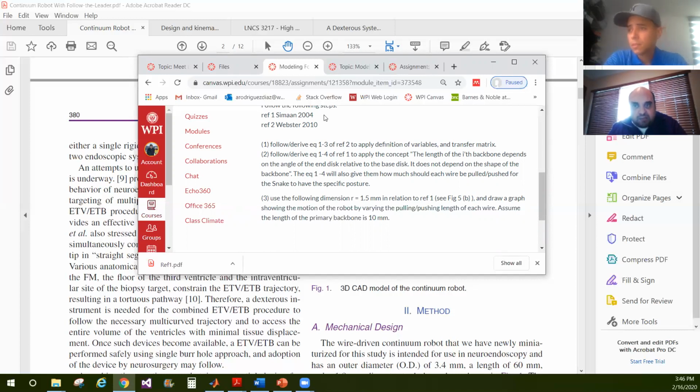And then the equations 1 to 4 will also give how much each wire should be pushed for the snake.